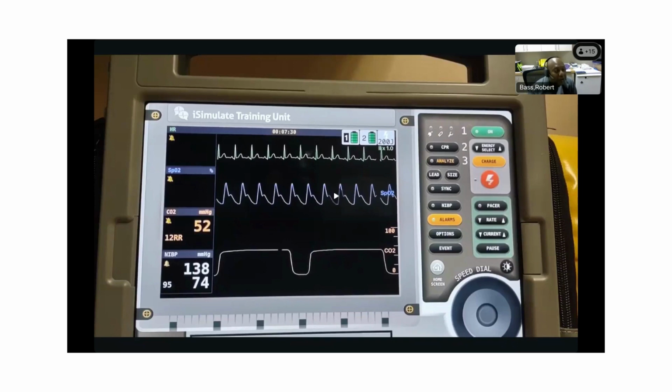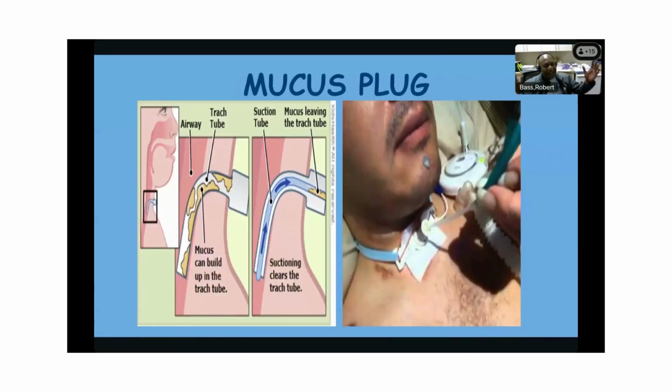Okay, Dawn, I see you as well. I love it. One of your biggest issues, one of your major complications when it comes to this device, the tracheostomy tube, is it getting plugged up with mucus?